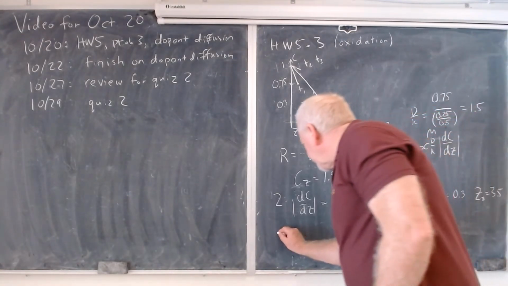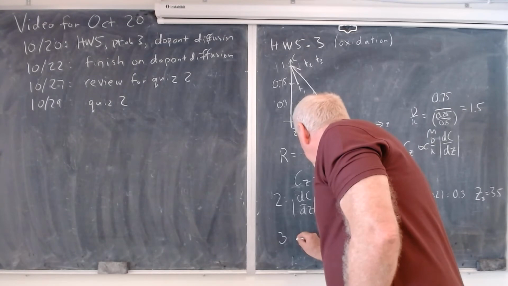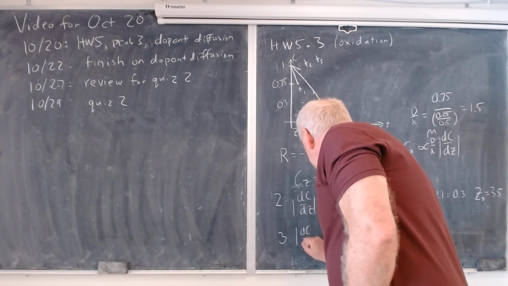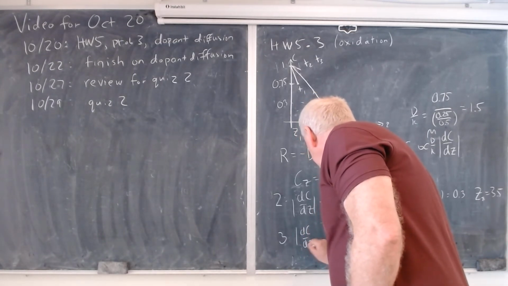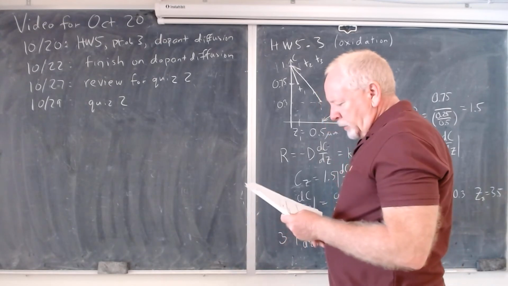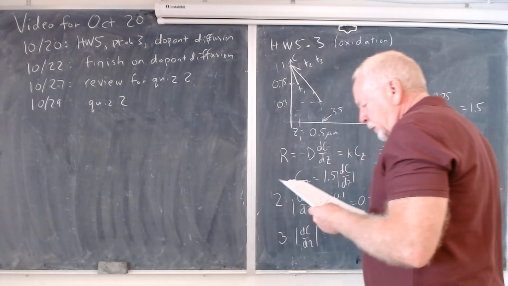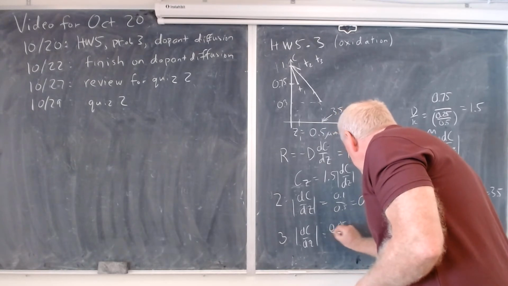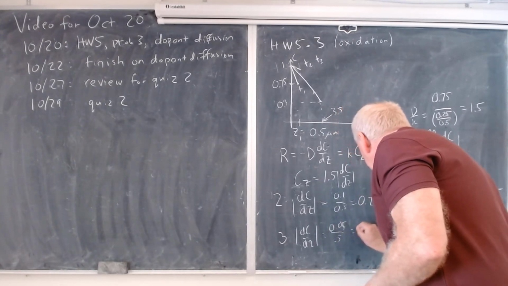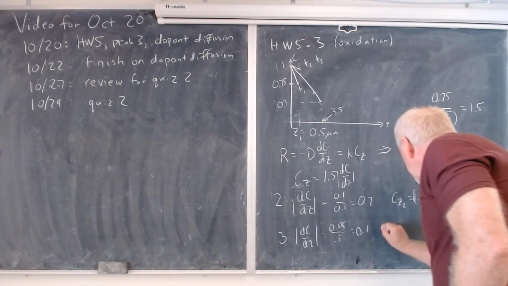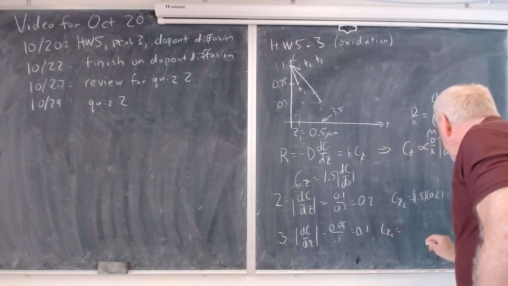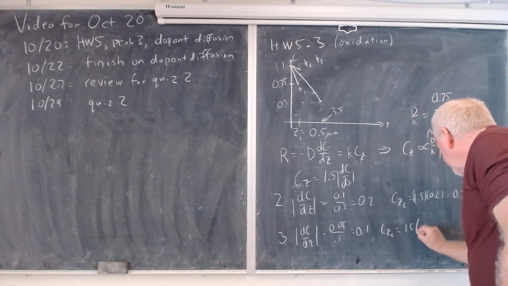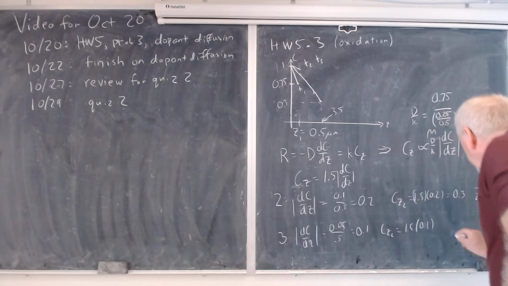The same thing for 3. You read off the chart, and that's basically 0.05 over 0.5, or 0.1, and so Cz for time 3 is equal to 1.5 times 0.1, or 0.15.